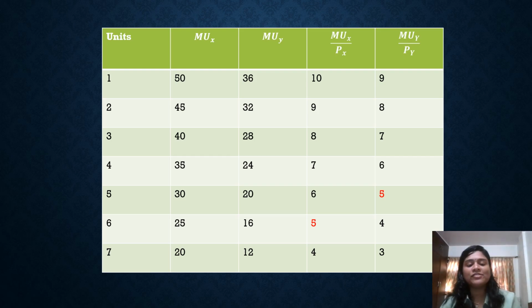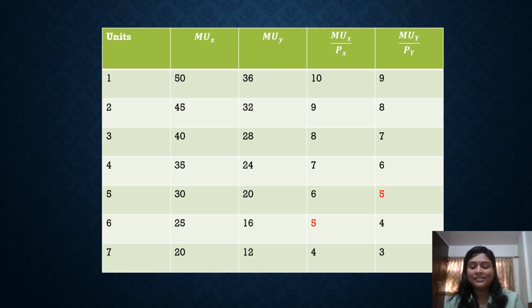So when we have 6 samosas and 5 vada pavs, we are reaching the equimarginal utility between both samosas and vada pavs and the income that we have in our hand. So this was the numerical explanation and why we went on increasing the combination of vada pavs and samosas till we exhausted all our income.